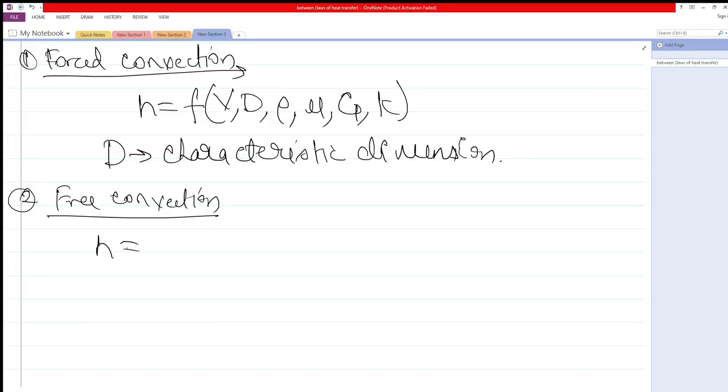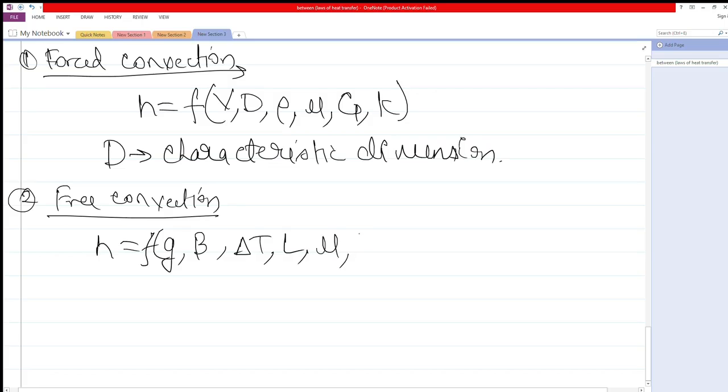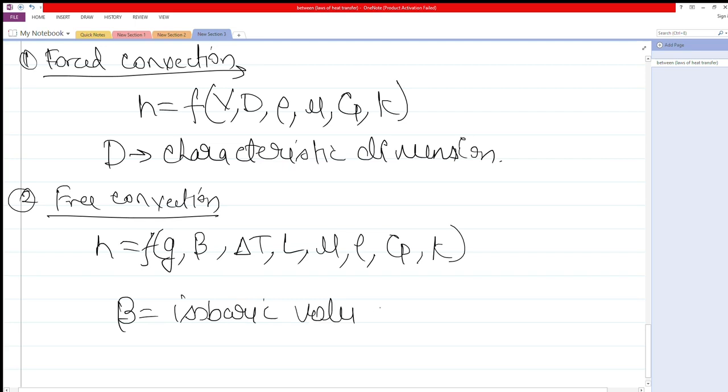We can write h as a function of g, acceleration due to gravity, beta, isobaric volume expansion coefficient, delta T, temperature difference, L, characteristic length, mu, dynamic viscosity, rho, density, Cp, specific heat, and k, thermal conductivity. Here beta is the isobaric volume expansion coefficient.